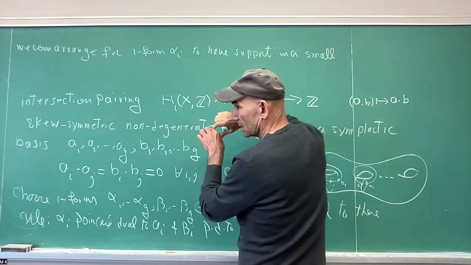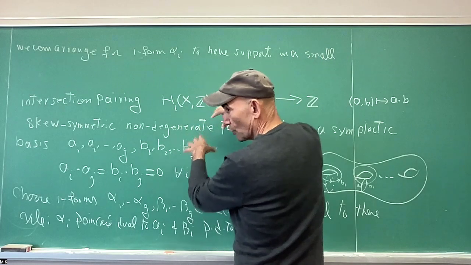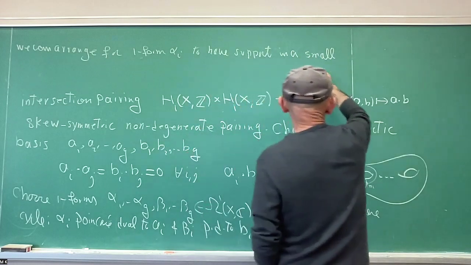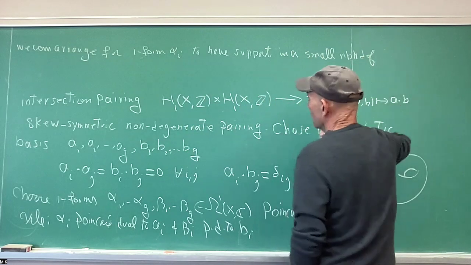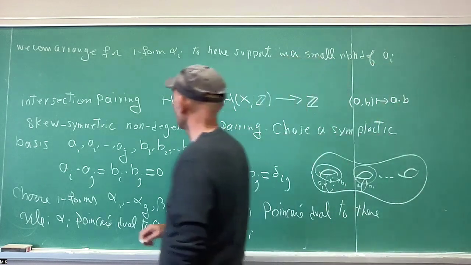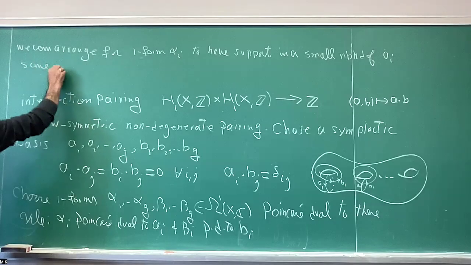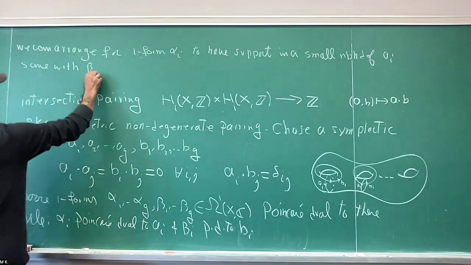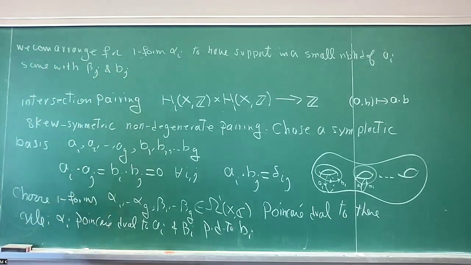So as soon as you pick an open neighborhood around the cycles, you can arrange that the support of that one form be in a small neighborhood of the cycle A I. And the same with beta J and B J. So we chose these ones.